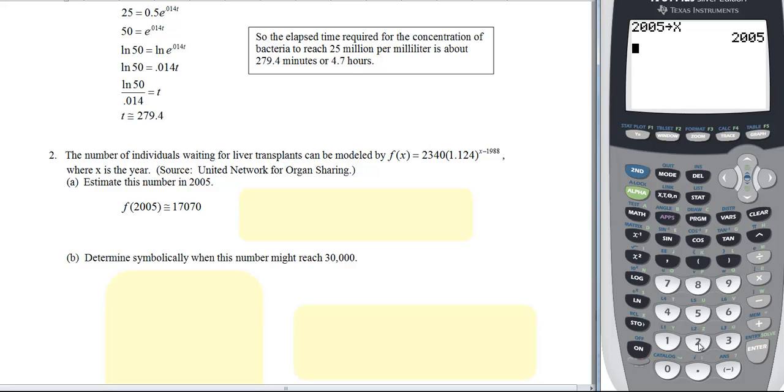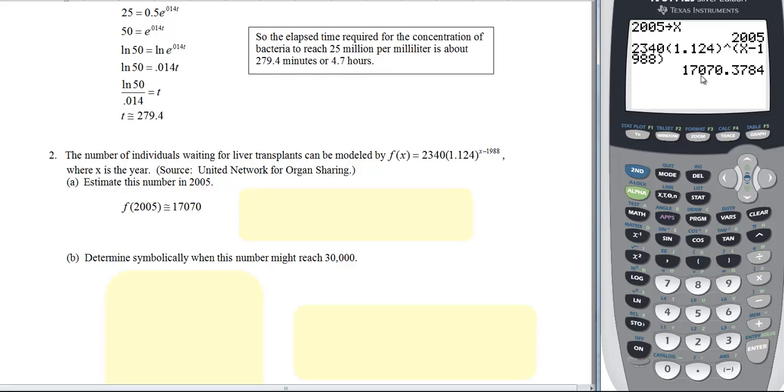And type in the function 2340 parentheses 1.124 raised to. Now since my exponent is a binomial, I got to put it in parentheses. Minus 1988. So how many people are waiting for liver transplants?